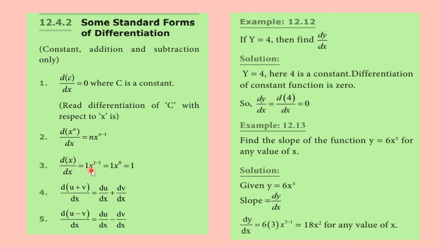So 1 into x, and 1 minus 1 will give you 0. So 1 into x power 0. Have you learned this before in your lower classes? Any non-zero real number to the power of 0 will be 1.